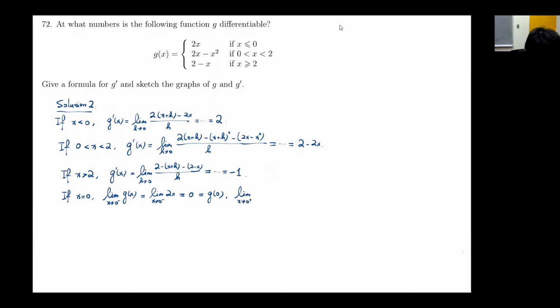So x approaches 0 from above of g of x. So this means I need to use the second formula. So 2x minus x squared as x approaches 0 from above. And you can compute very easily that the limit of this guy is also 0. Okay, so this tells me that g is continuous at 0.